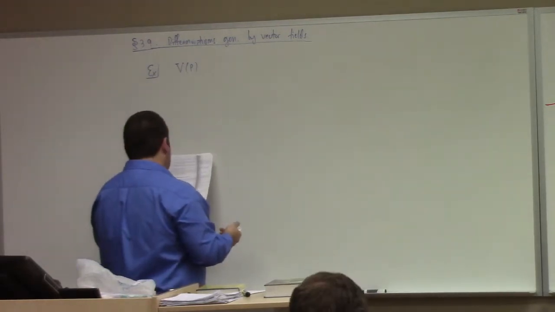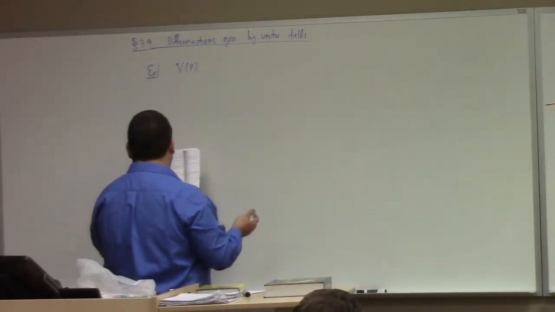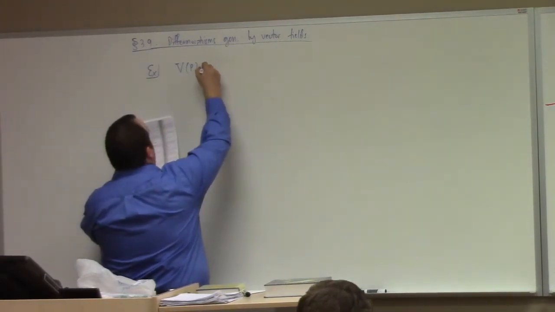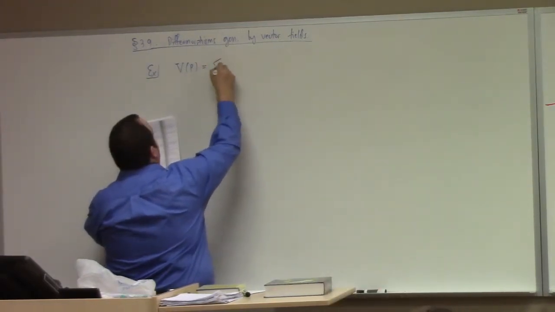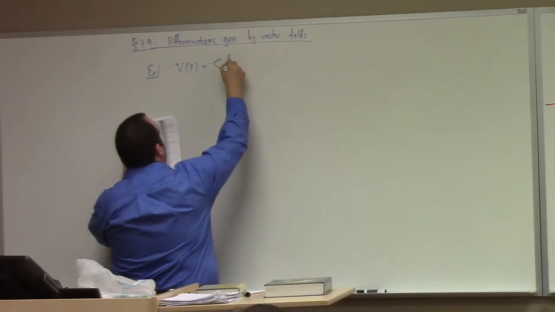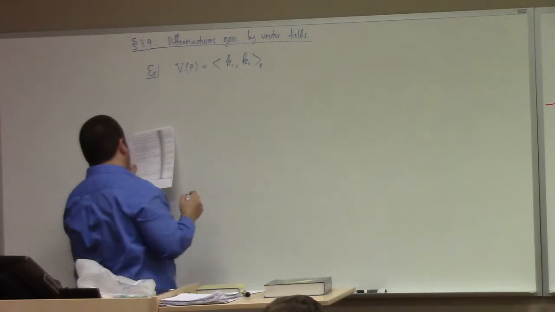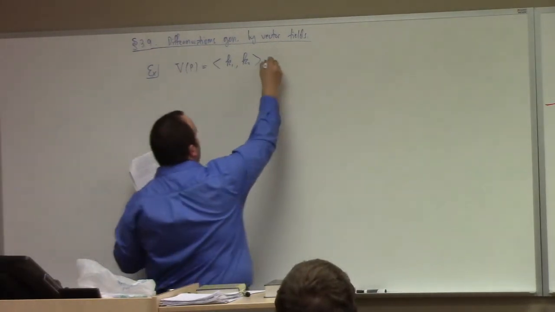Anyway, he says, look at the constant vector field again, V of P, which was K1, K2 at P in the tangent space of R2. That's nice notation, I should use that.